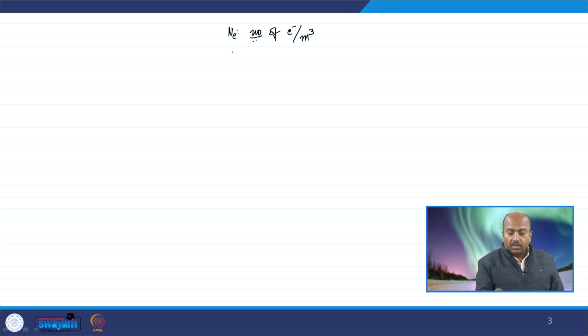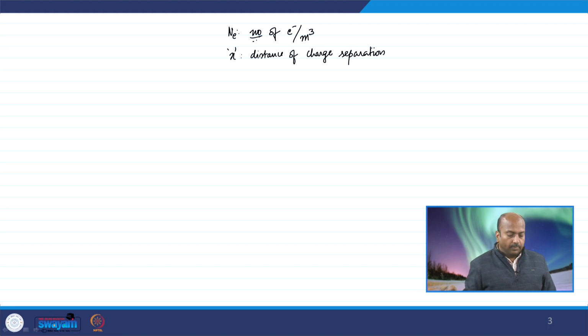And since they are being displaced, x becomes the distance of charge separation. Okay. And there is a surface element we are talking about. Capital A becomes the area of the surface.